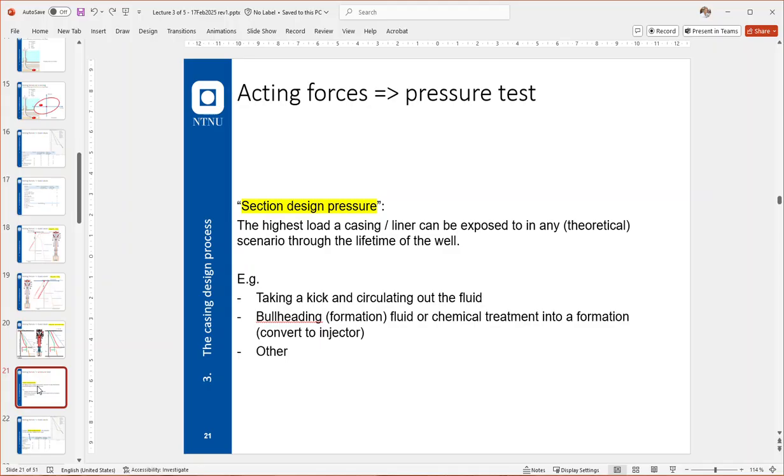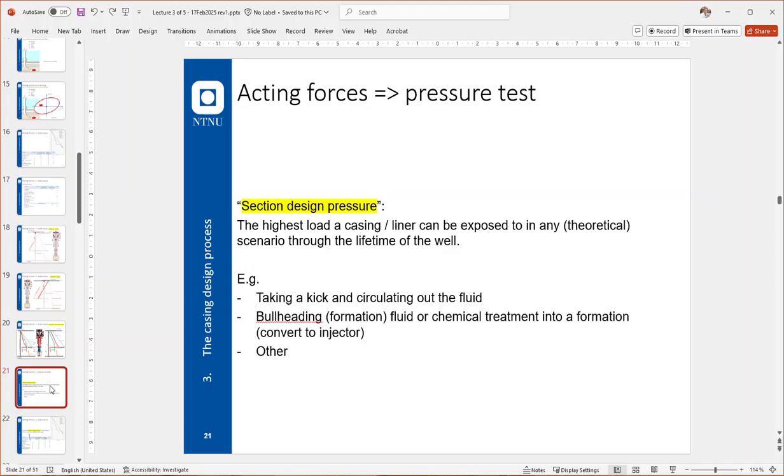We don't have much time to cover the section design pressure. This is the highest load that any casing or liner normally sees through the lifetime of the well, except for the production casing or any casing that sees cuttings injection.